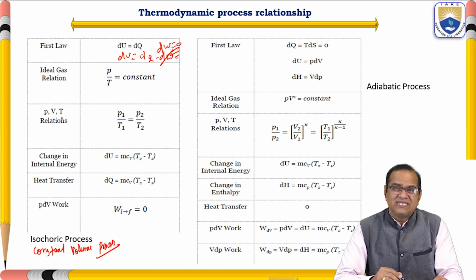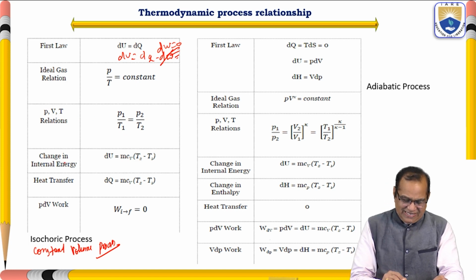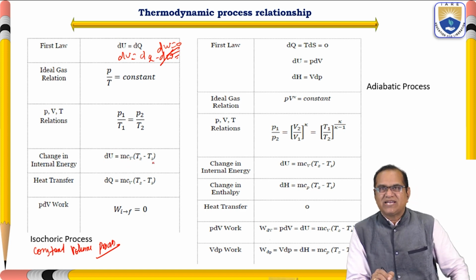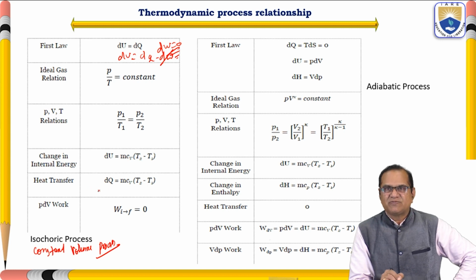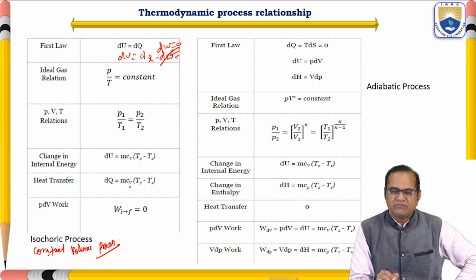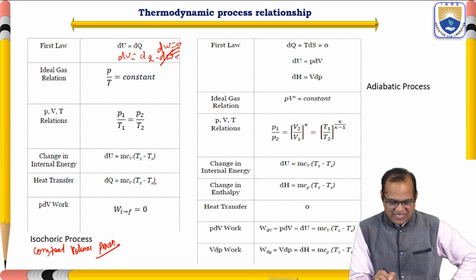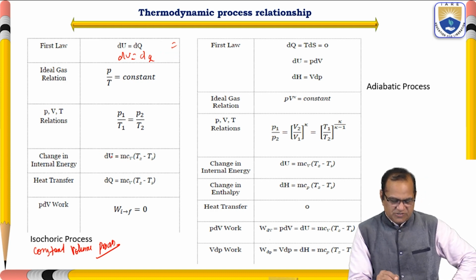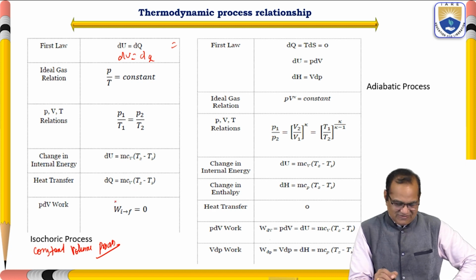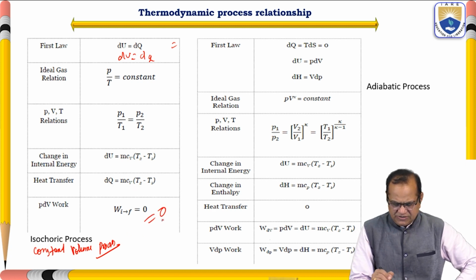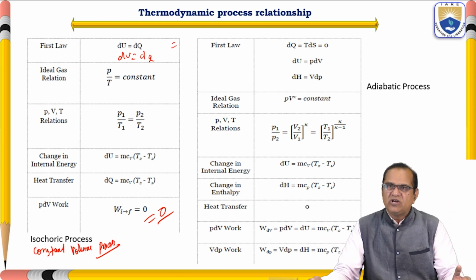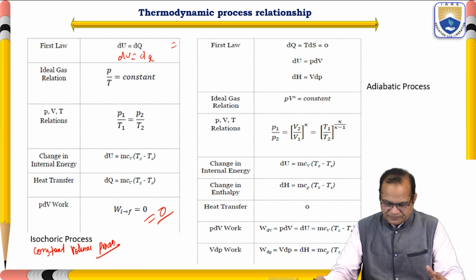If you see the PVT, P1 by T1 is equal to P2 by T2, and the change in internal energy du is equal to mCv (T2 minus T1), and the heat transfer dq is equal to mCv (T2 minus T1). So the heat transfer and the internal energy will be the same, and the PdV work will be 0. Just now I have discussed here that because there is no change of volume, the work done will be 0.